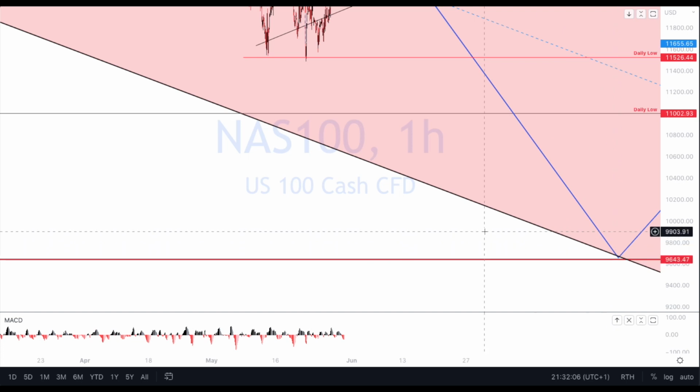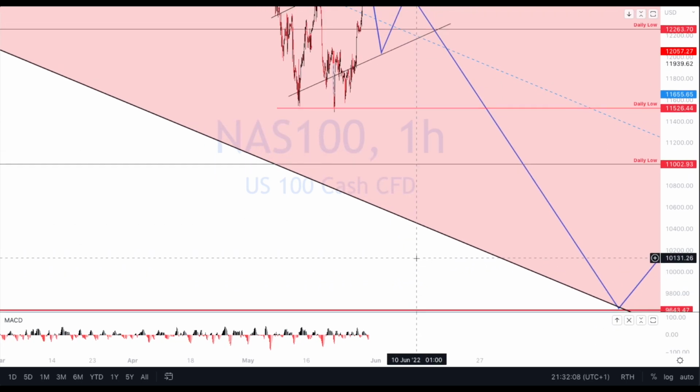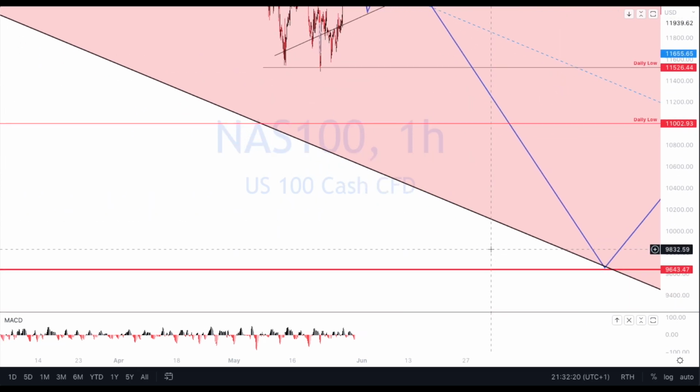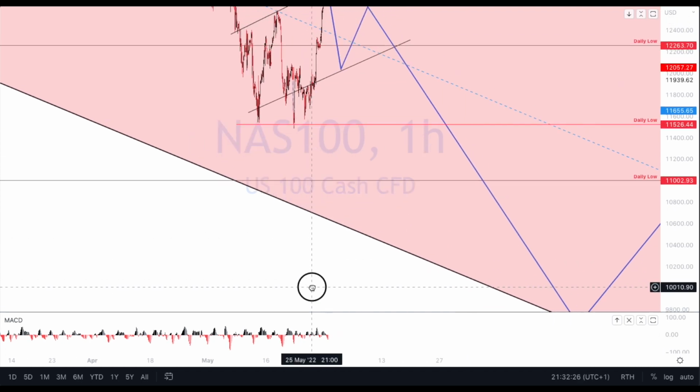This is where I think it would go. However, it could come down to 11,002.93. It could actually come down to this level, but I think it's going to blow past all of these levels and come down to 9643.47. That's what I think is going to happen.